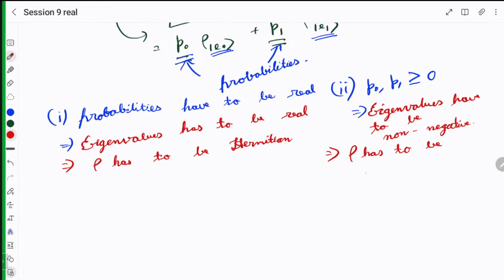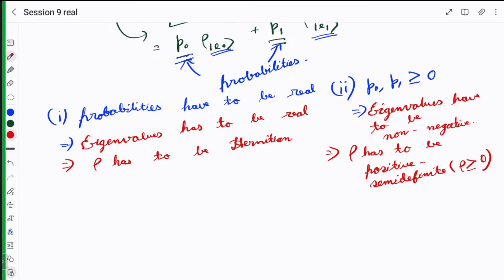If a matrix has non-negative eigenvalues, it is said to be positive semi-definite, or sometimes it is just represented by rho greater than or equal to 0.